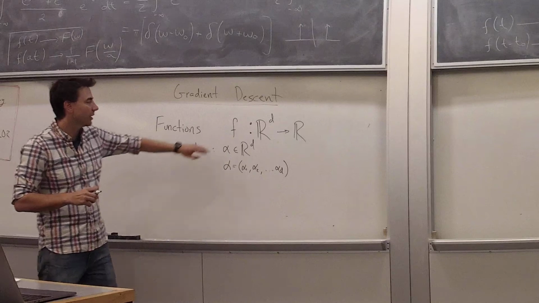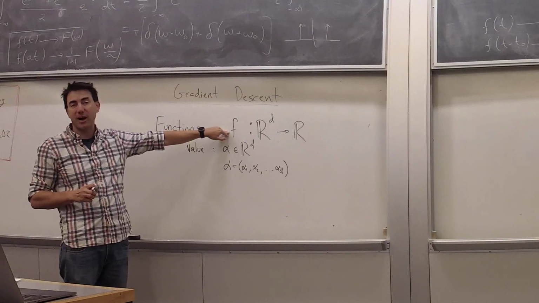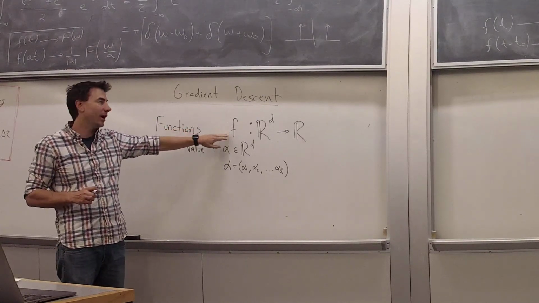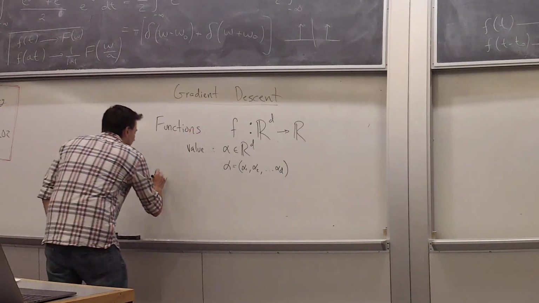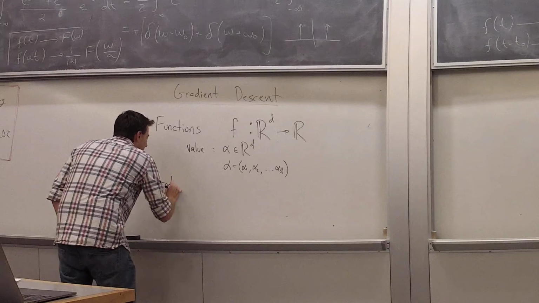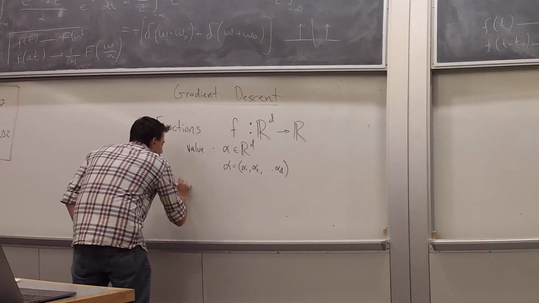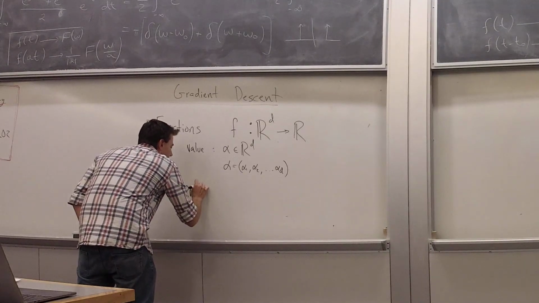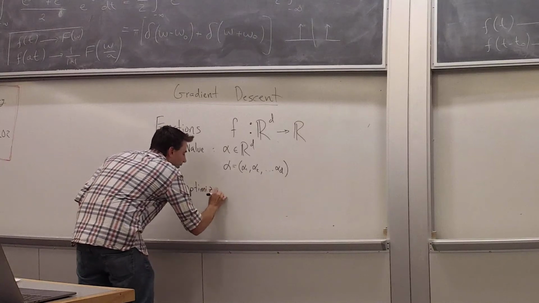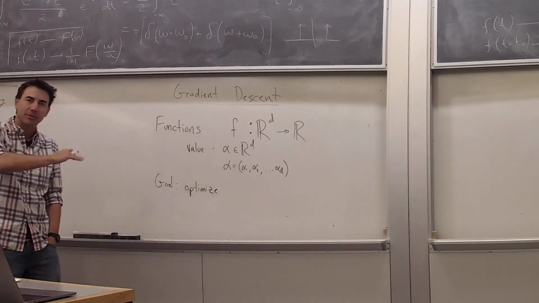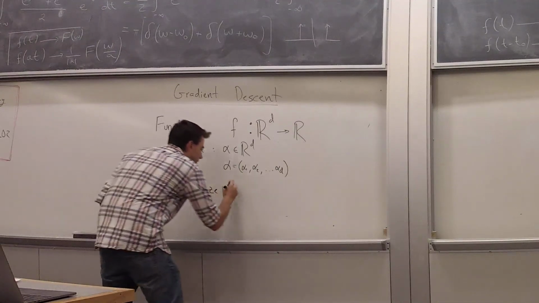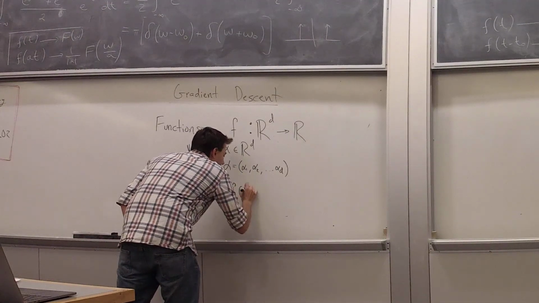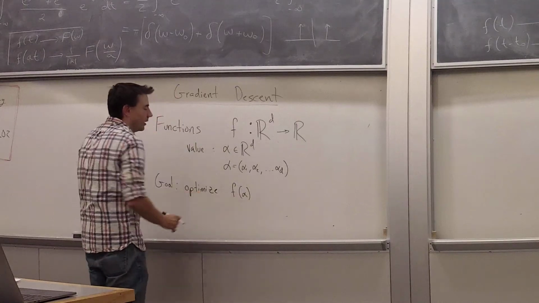Okay, and the function will be determined by the data, and then we're going to optimize some function. The goal is basically, and I'll develop notation so I can say this more precisely over this lecture, but I want to optimize f of alpha.